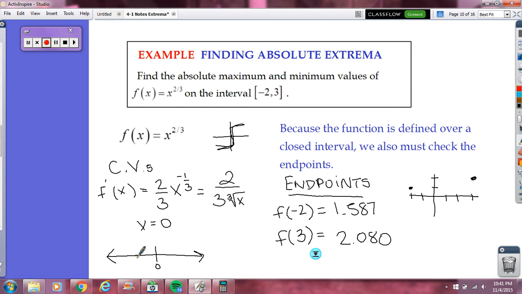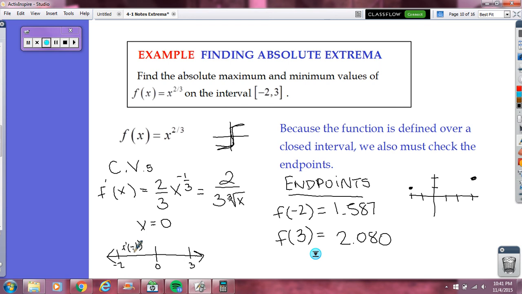Let's just see what the derivative is on either side of that, to get a better idea of what's happening with my function. I want to stay within my domain, or my closed interval, though. So I'm going to pick something between -2 and 0. Let's go -1. And I'm going to see what's the slope, or what's the derivative, when x is -1.